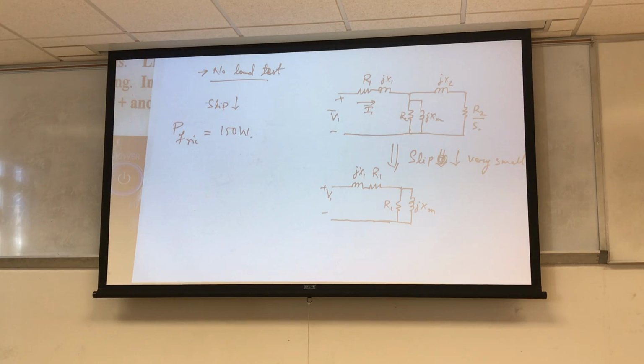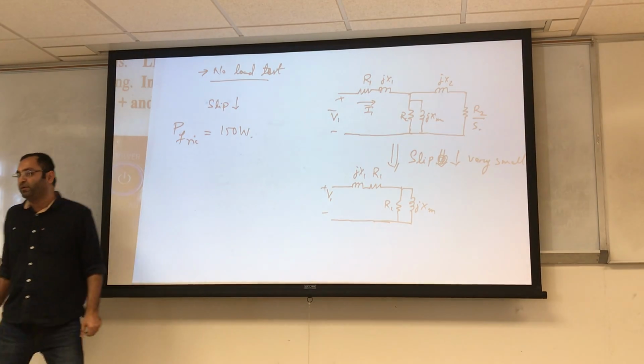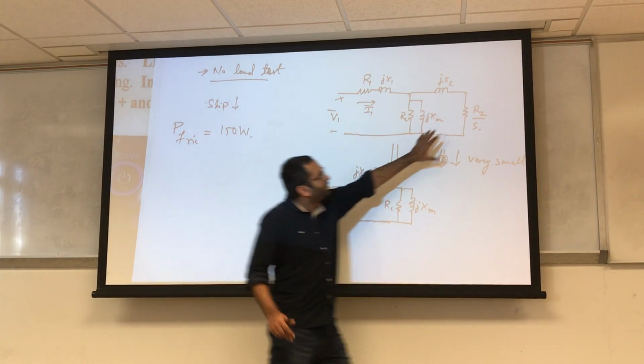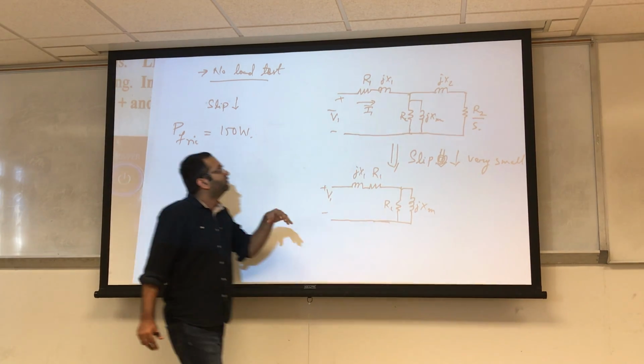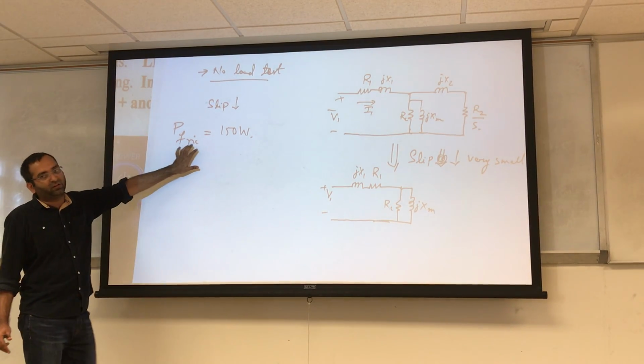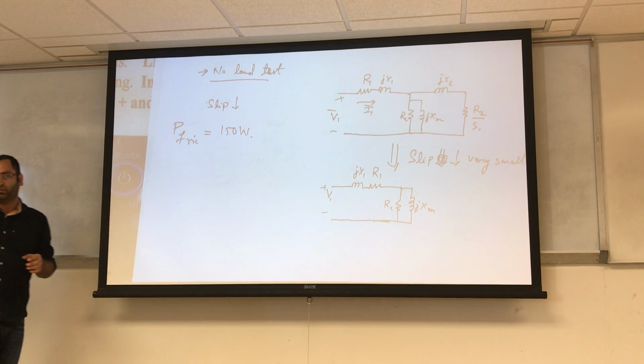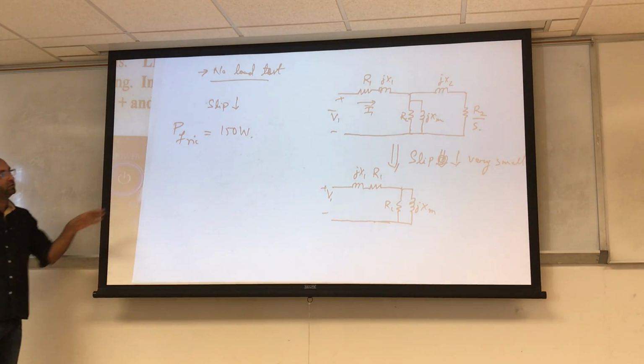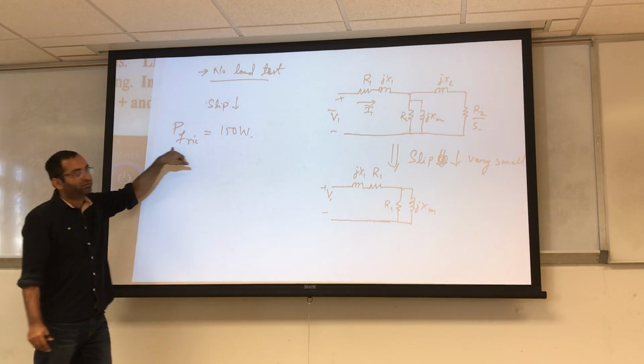This is 150 watts. Because it's a no load test, we don't have anything on the rotor side. So we can consider the mechanical power as the frictional power, because there is no load at the output. We can just consider the output power as frictional power.